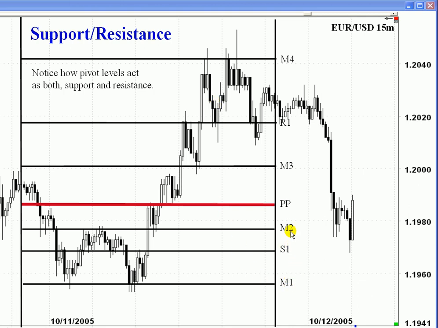Each of these pivot lines represents a level of resistance and support, and we see how price ranged on this 15-minute chart between those levels as it continued to rally, and traders generated new levels with the flows.